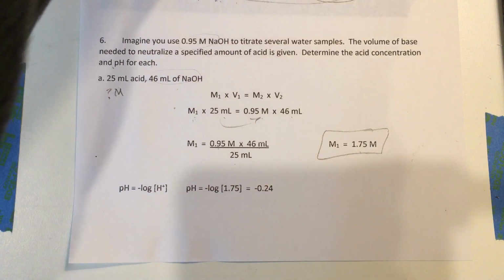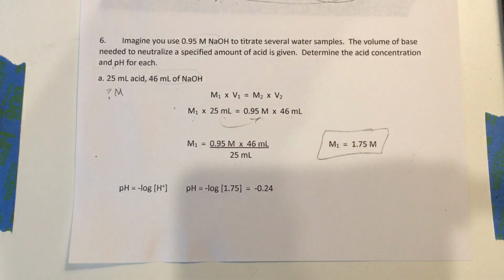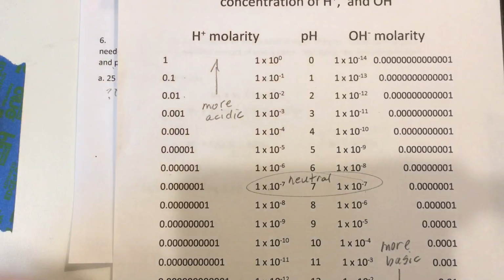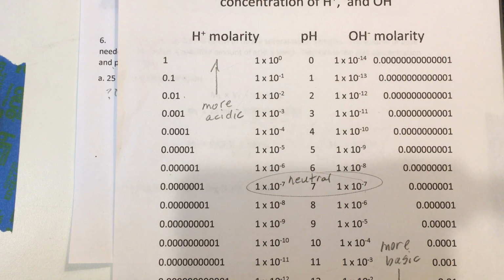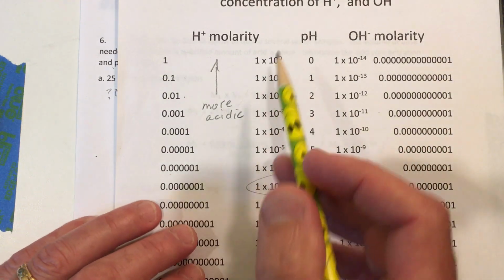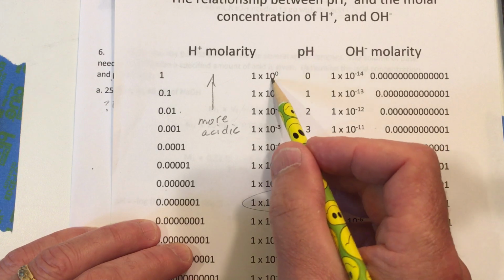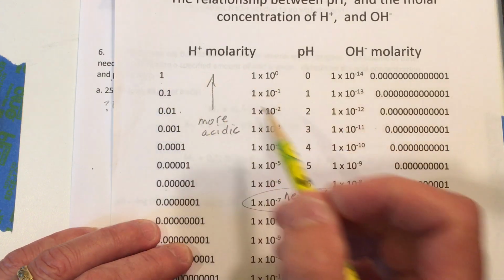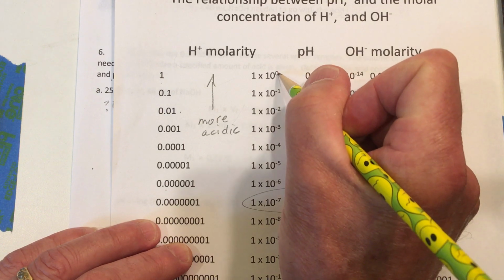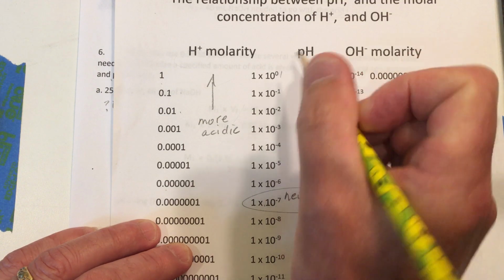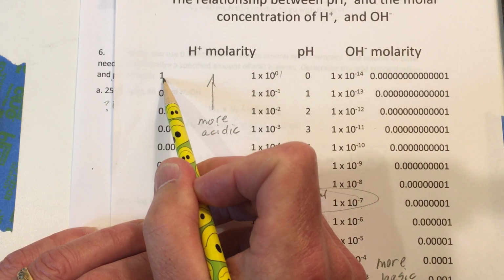Now, you might recognize that that molarity is really quite concentrated. You probably remember most of our molarities have been something like 1 times 10 to the negative something. So here we are, 1 times 10 to the 0, which is a pH of 0, since 10 to the 0 is just 1, so the concentration is 1.